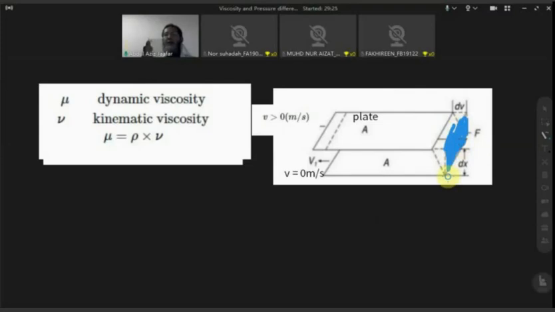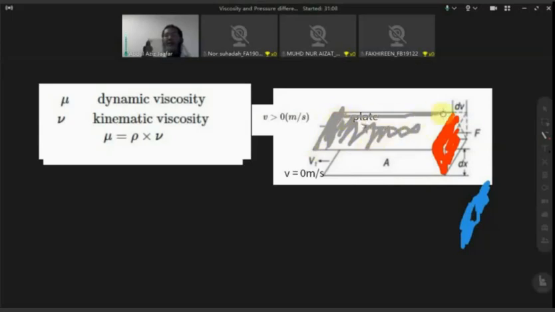So the blue one is before the force is applied, and the red one is the orientation of the fluid body after the force is applied. So what we can say is that the fluid is having a force that is transmitted from the plate to the fluid.